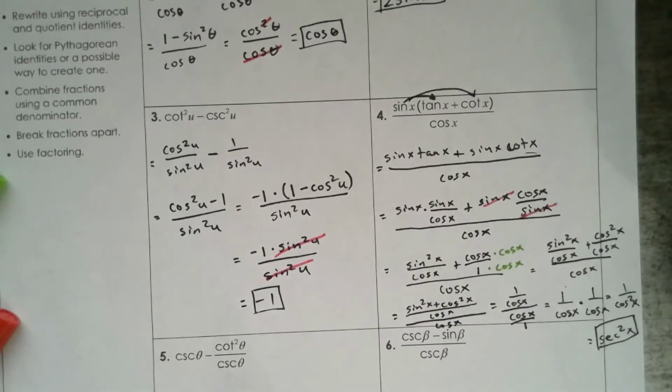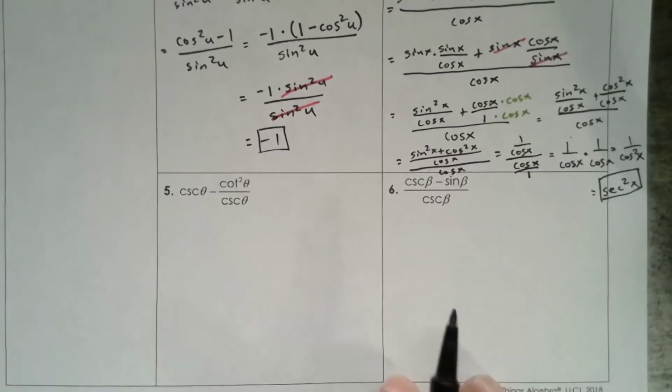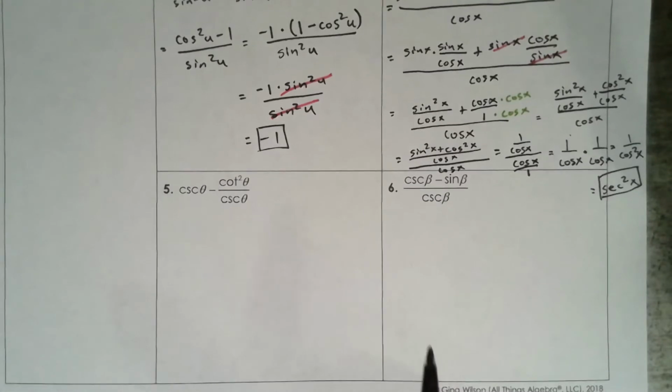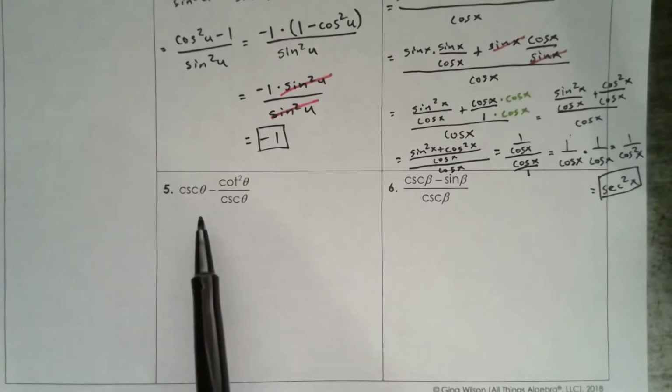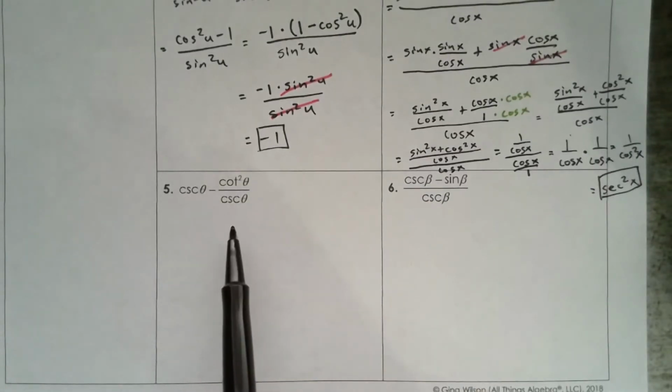Let's see. Let's do 5. We'll skip 6. So for 5, I have cosecant theta minus cotangent squared theta over cosecant theta. For this one, what might be the way to go about it?